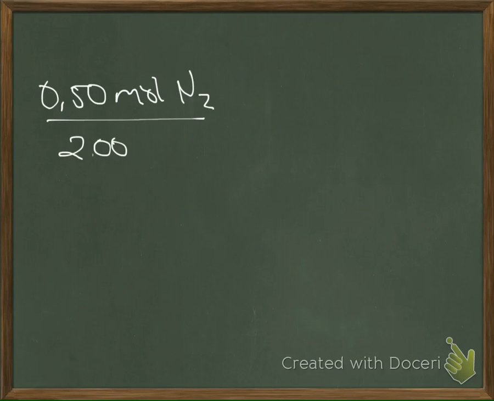So we have 0.50 moles of N2 divided by the 2.00 liter vessel that it's in. 0.5 divided by 2 is simply 1/4, or 0.25 molarity for N2.